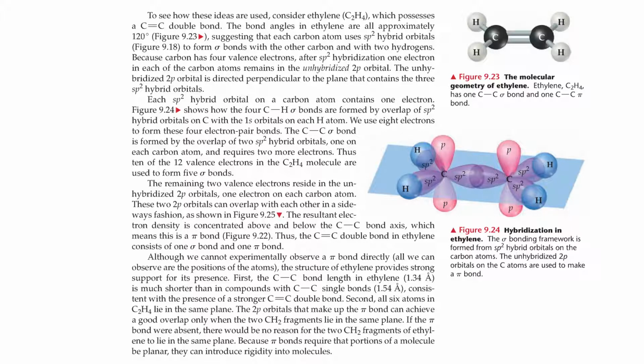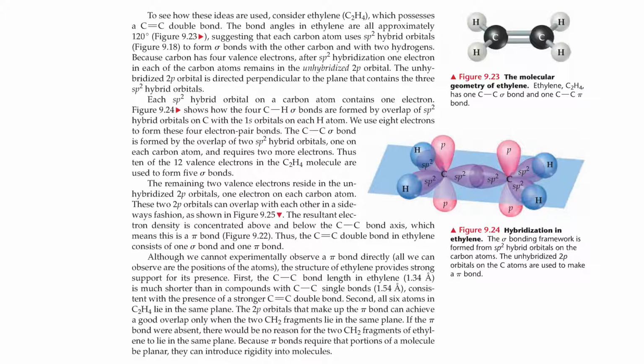These 2p orbitals can overlap with each other in a sideways fashion, as shown in Figure 9.25. The resultant electron density is concentrated above and below the carbon-carbon bond axis, which means it is a pi bond. Thus, the carbon-carbon double bond in ethylene consists of 1 sigma bond and 1 pi bond.